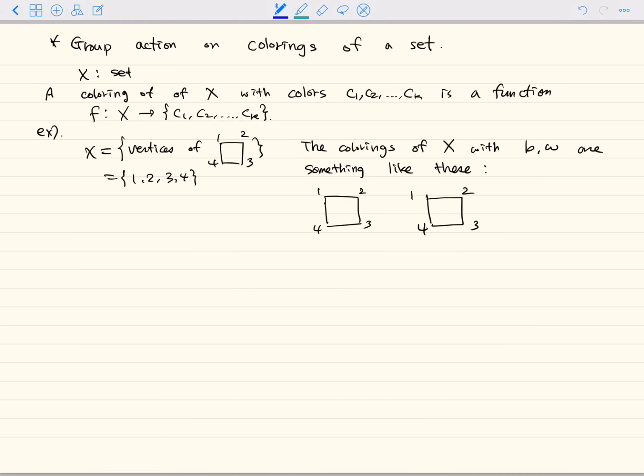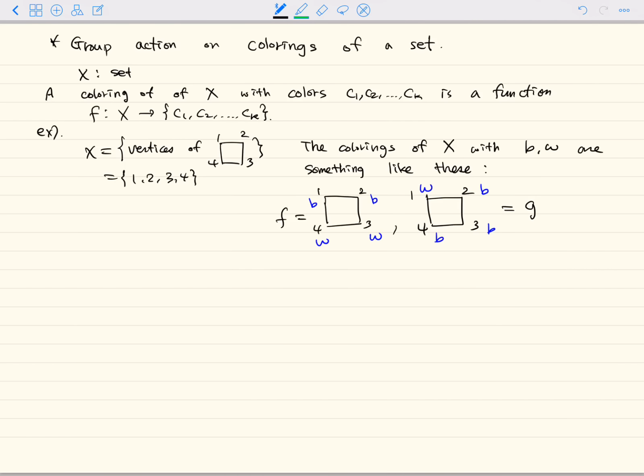You just assign a color to each vertex. Maybe it's W, W, B, B, or W, B, B, B. These are examples of colorings. So f is this, and let's say g is this.